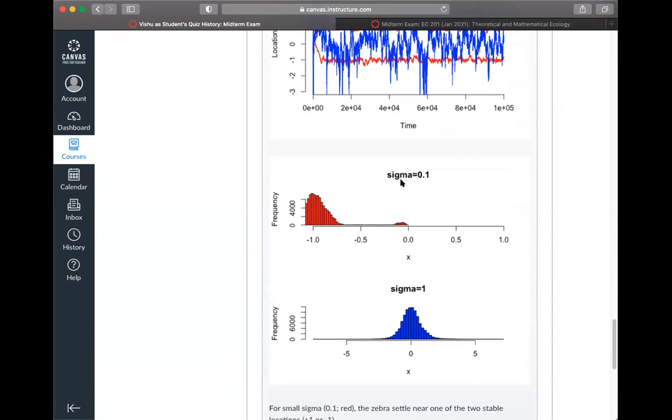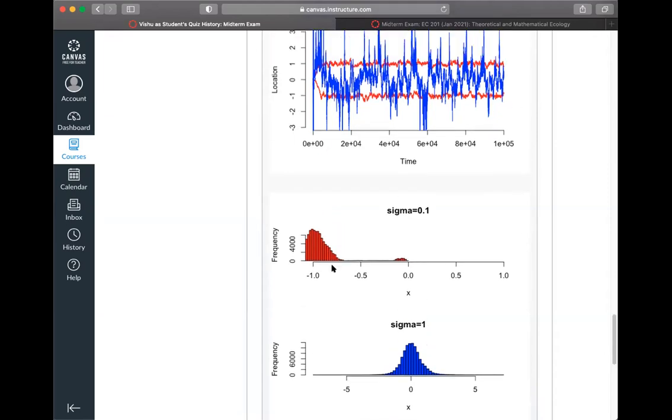If you take small sigma, you will find a mode either at -1 or +1. I have plotted only one trajectory here, so you have only one here. But for large sigma, you will actually find a mode at 0. Remember, 0 was the unstable equilibrium, right?